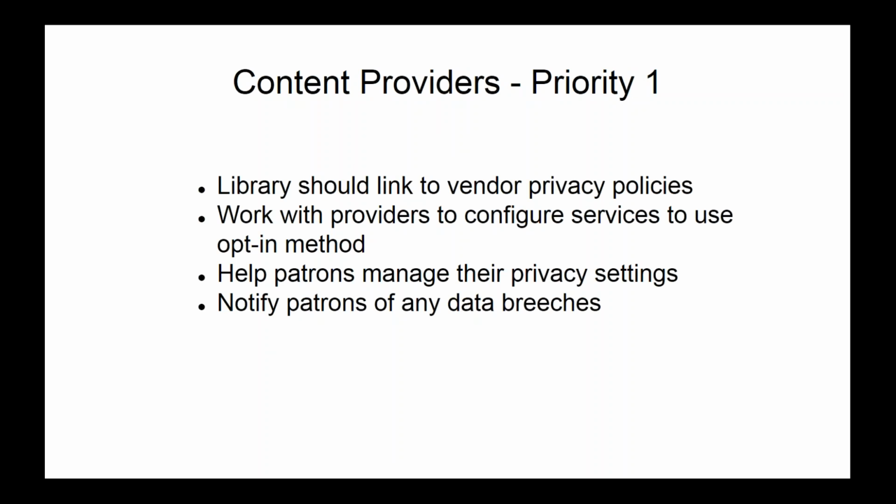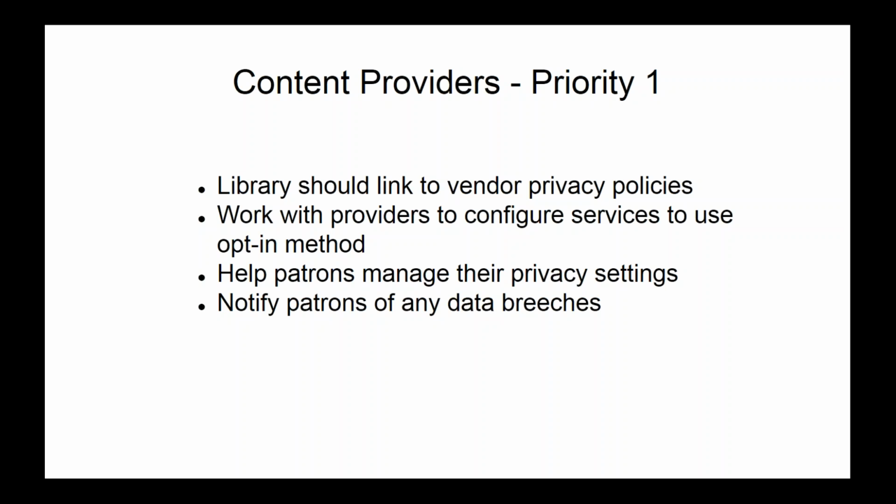So if you go to the Choose Privacy website and pull up the checklist for content providers, here's the set of priorities on the checklist. In priority 1, the actions: the library should link to vendor privacy policies. Many of our vendors have privacy policies, but they might not be in a convenient place that our users can find them.